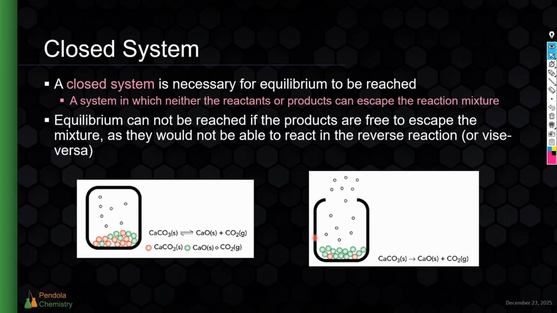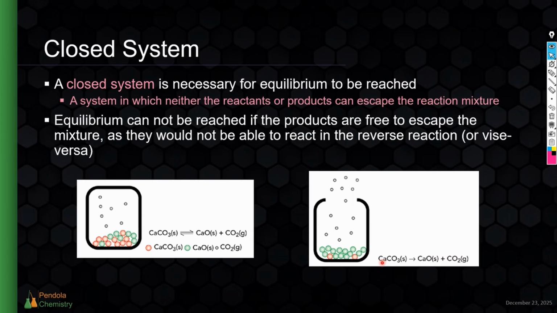If we had an open system, on the other hand, once calcium carbonate was heated up and became calcium oxide, the carbon dioxide would escape the system. It will never have a chance to react with the calcium oxide again for the reverse reaction to happen.